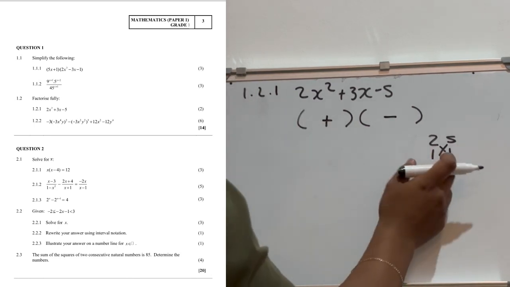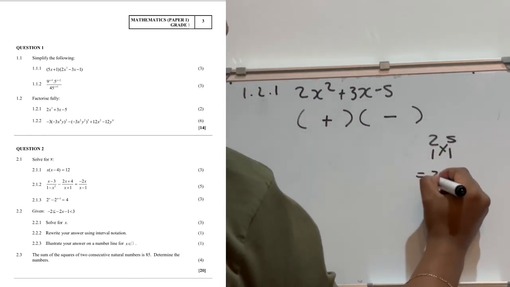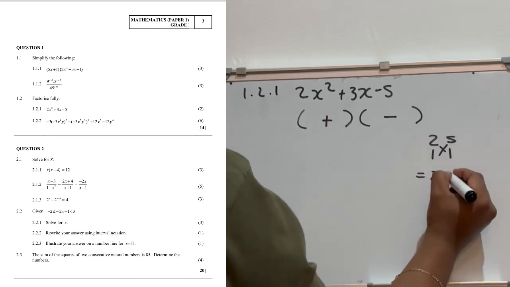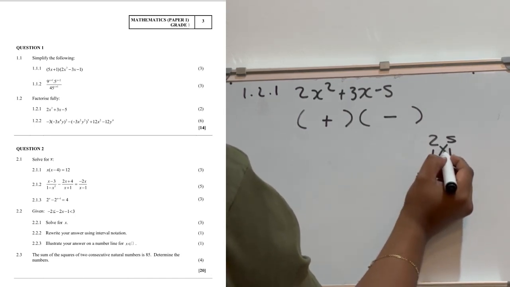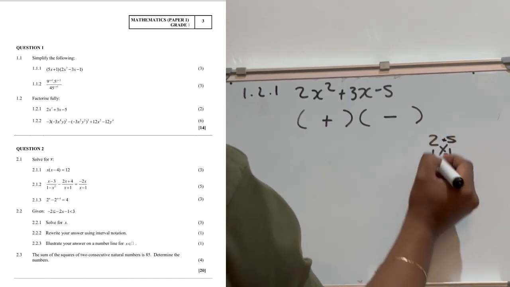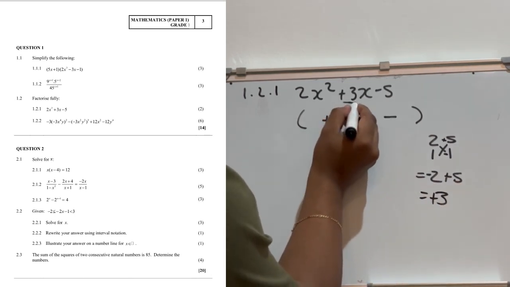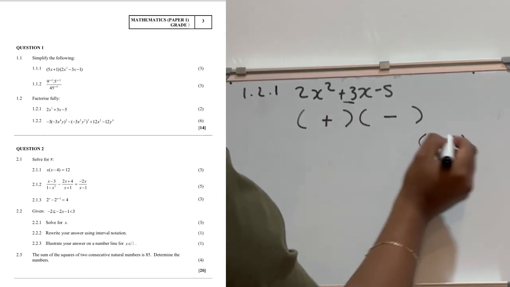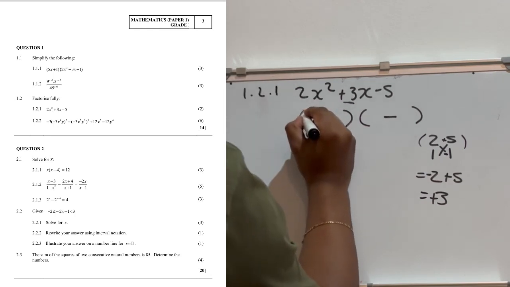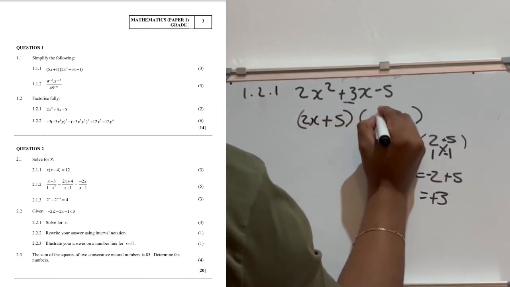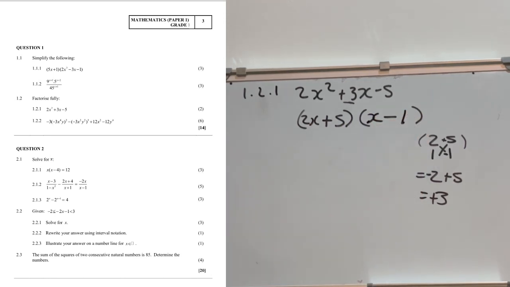Okay, so if we cross multiply, it's going to be 2 and 5, but the biggest number must be positive, so that's positive and minus. So you can put the minus there and the plus, so we can get plus 3, which is the middle number there. So that forms your bracket. So then you're going to have 2x plus 5 and x minus 1. So that is fully factorized.